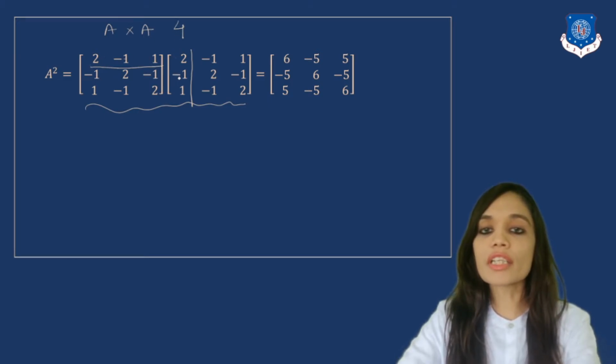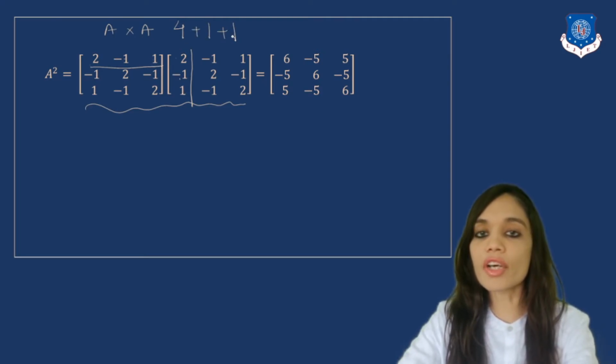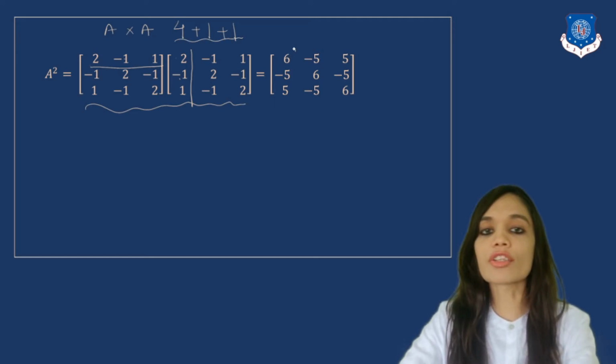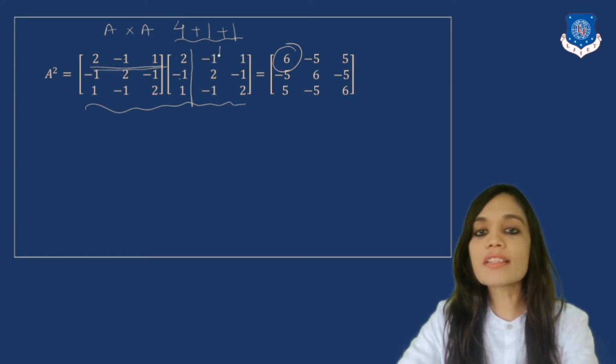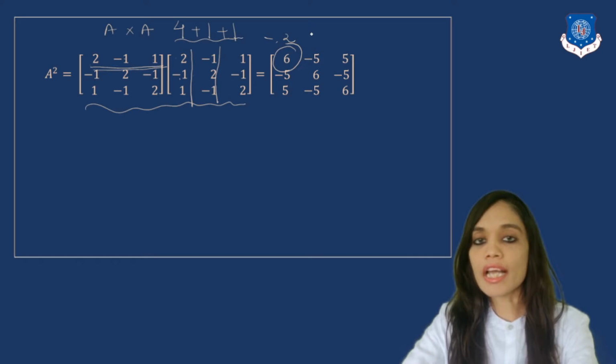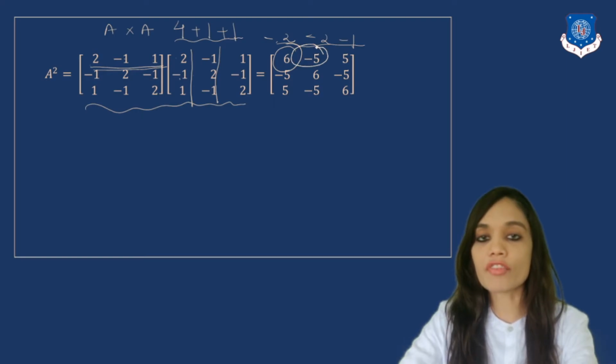Now minus 1 into minus 1, so plus 1, and lastly 1 into 1, so the answer will be again 1. Add these 3, so you will get your answer as 6. Now consider the first row and second column, right? Now the answer will be equal to what? Minus 2, then again minus 2 and lastly you will get minus 1. So adding these 3, you will get the answer as minus 5.